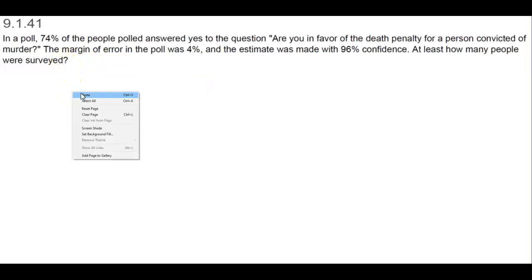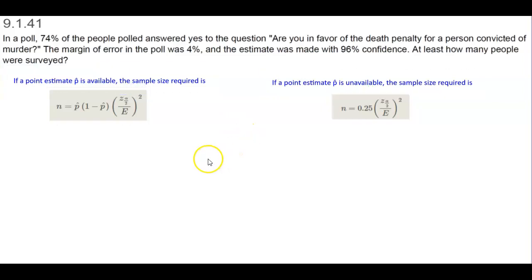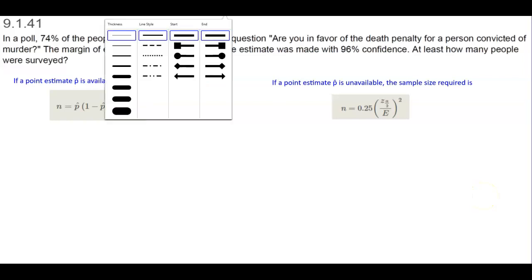Okay, first thing is we need to identify which formula we are going to use. If a point estimate is available, then we use the sample size formula on the left. If a point estimate is unavailable, then the sample size required is that other formula. So is there a point estimate?